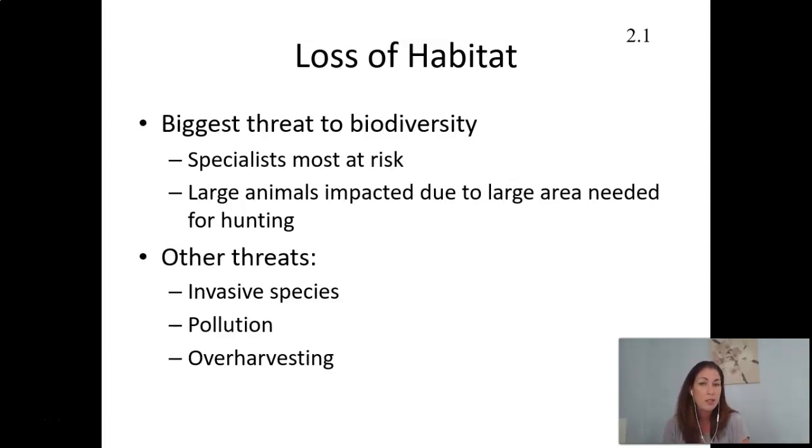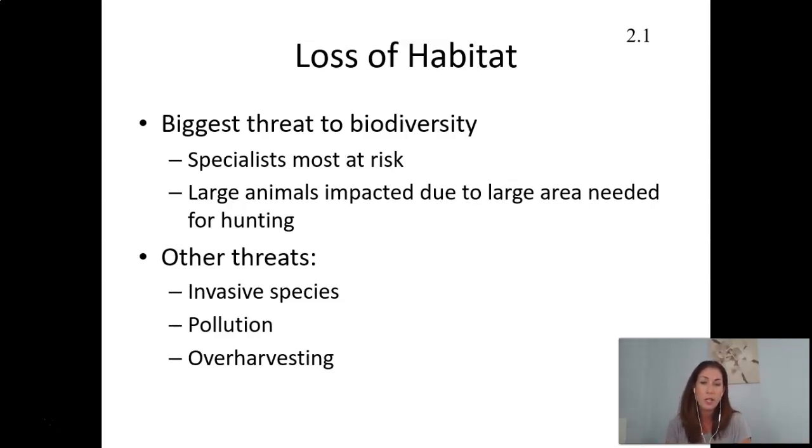Now, another big thing that are a threat of loss of habitat are large animals. If you're a large animal, you need a large habitat for hunting. And so as we shorten and get our habitats tighter and tighter, what's happening is our large predatory animals are losing their hunting grounds, and they just don't have enough space to get the food they need.